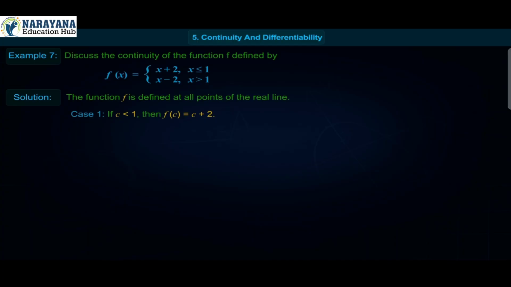If c is less than 1, then f of c is equal to c plus 2. Therefore, limit x tends to c, f of x is equal to limit x tends to c, x plus 2 is equal to c plus 2. Thus, f is continuous at all real numbers less than 1.